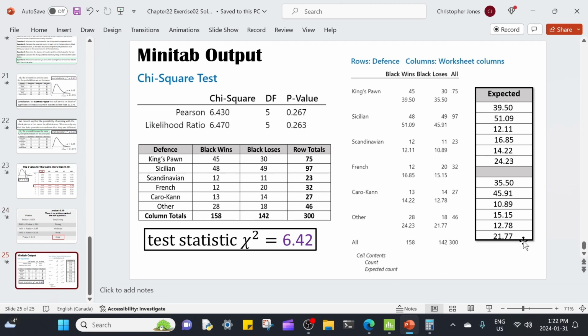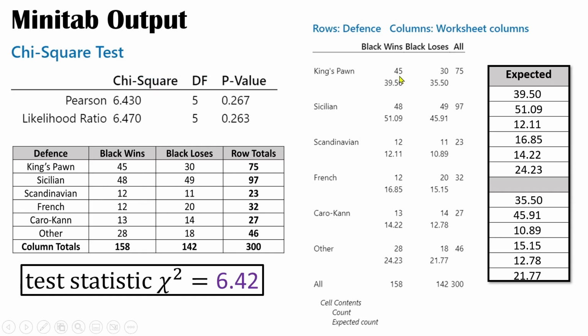And in the table here, I want to show you the parts of it. Let's make this a bit bigger. Hopefully you can see that pointer. We have here in these places, those are the observed values. These decimal values below each one, that would be the expected value under the null hypothesis. And you can see from our list of expected values that Minitab calculated the same values.